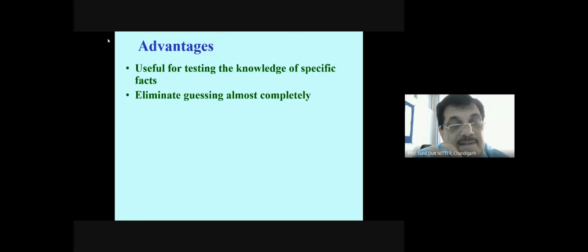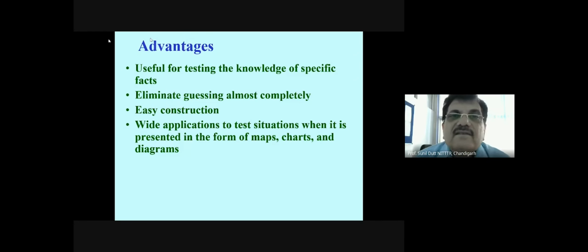Here the student is creating the answer, supplying the answer, computing the answer, so guesswork is not there. You can very easily construct such items. There is no problem in construction, and these questions have wide scope to test situations presented in the form of maps, charts, and diagrams. You can give a flow sheet diagram and ask the student to label it.